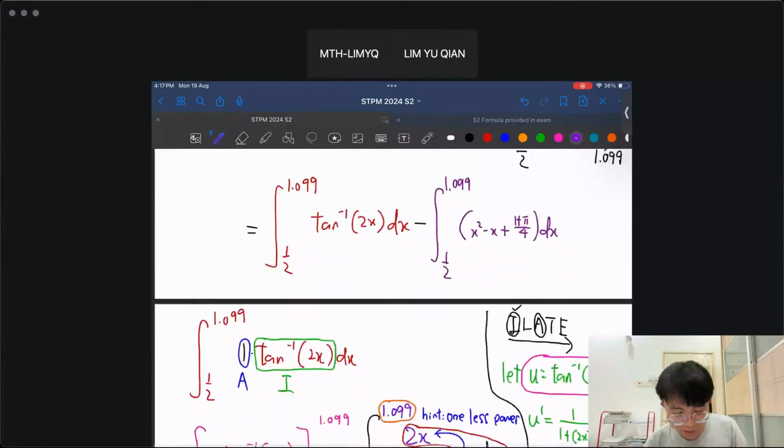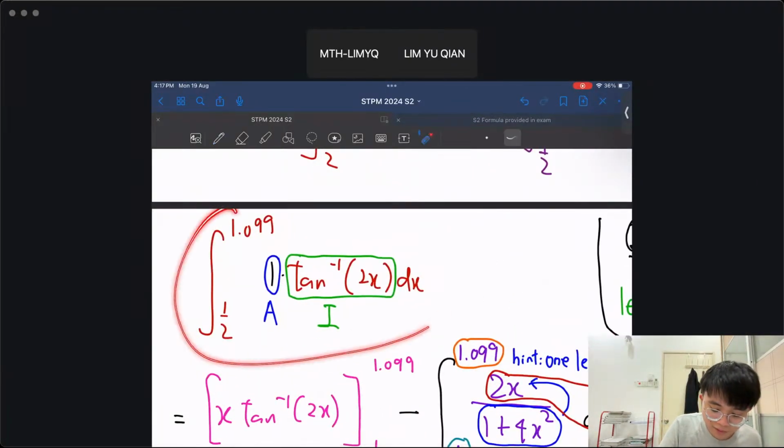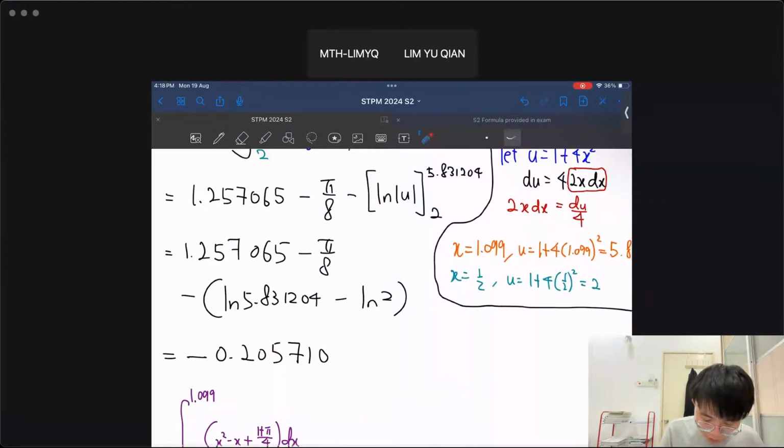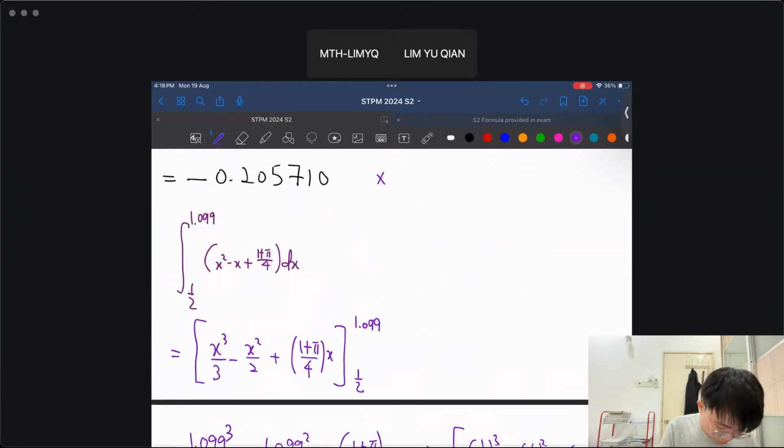Let's say if we check this one first, see whether the value is something negative or not. Then we know which of the integrations we did wrongly. 1/2 and then 1.099. So that will give you a positive 5 point something. So this one is wrong. Okay, so let's check whether this one was done correctly or not. I think this one most probably is correct.